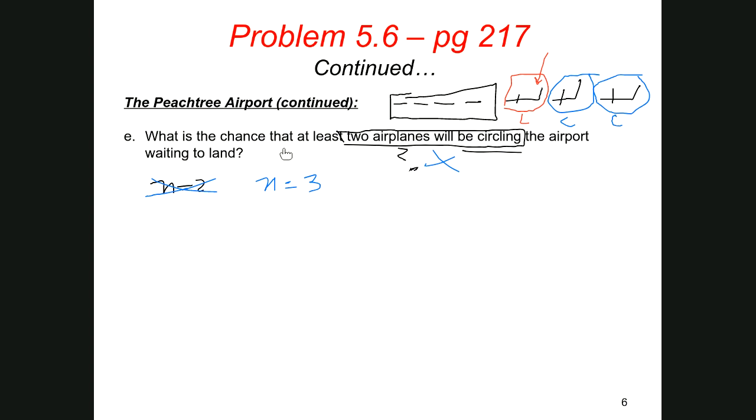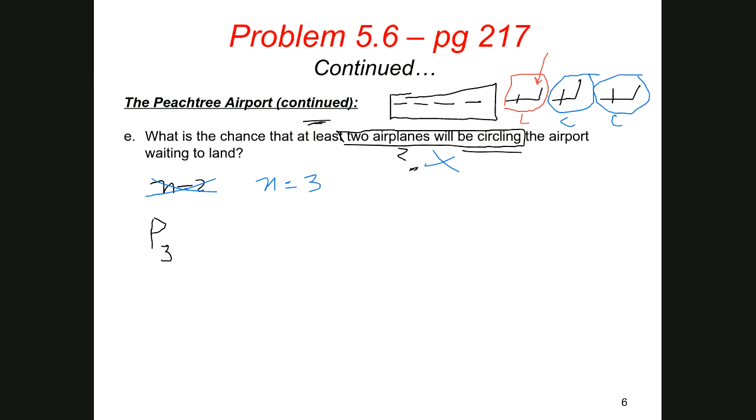So one of the probabilities that we do want to calculate is clearly P sub 3, because that's the probability that there's 3 aircraft in the system, and that's the case where there's exactly 2 airplanes circling.